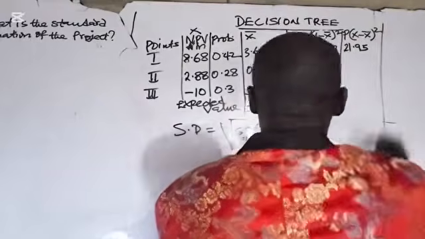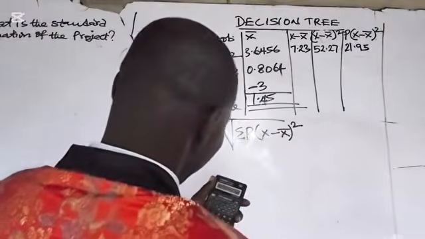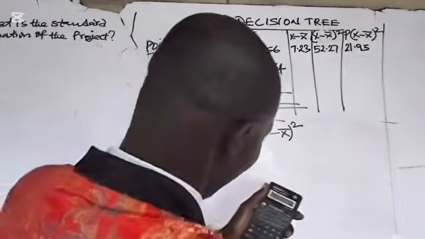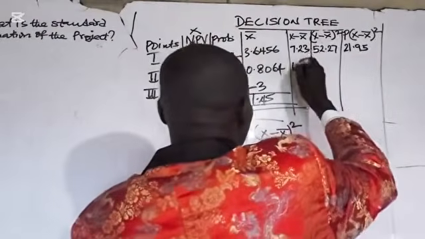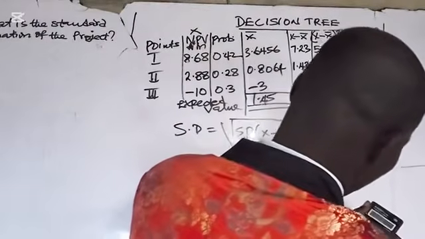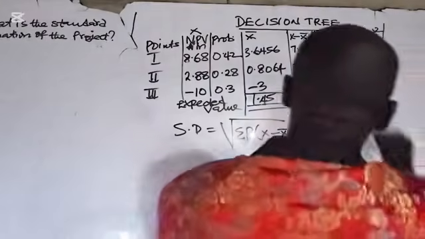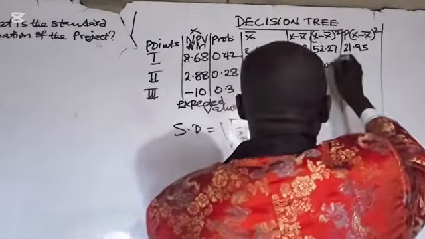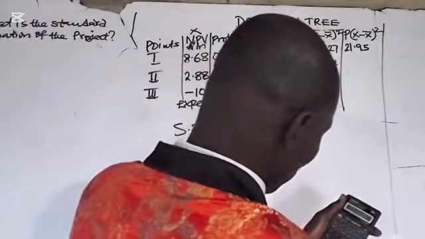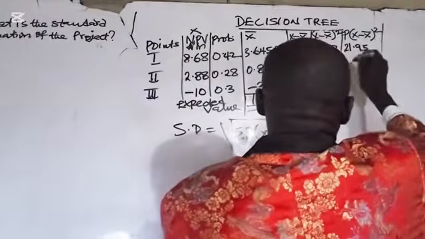Then for the second one, 2.88 minus 1.45 is equal to 1.43. If we square that, you have 2.04. 2.04 multiplied by the probability of 0.28 gives us 0.57.